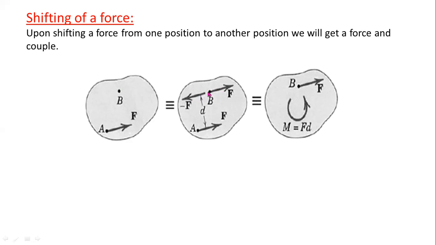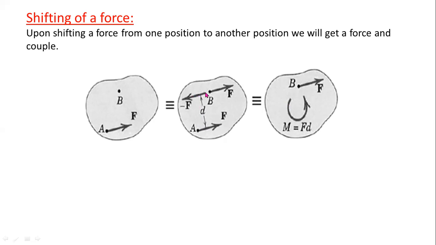Here I am adding and subtracting two equal and opposite parallel forces. One is a positive force, this is a negative force. So the result is 0. There is no change. Now these two forces form a couple.